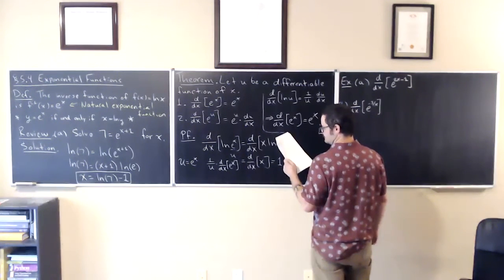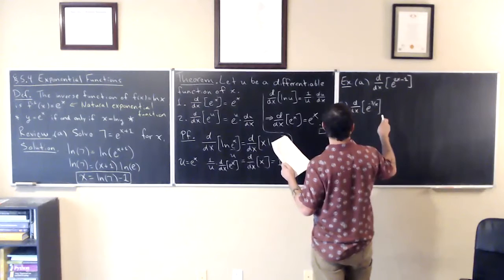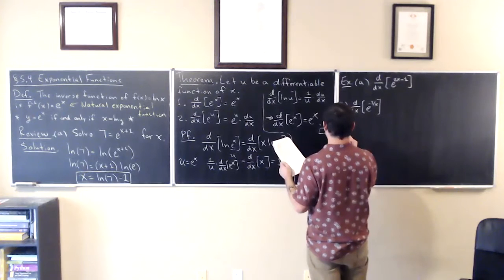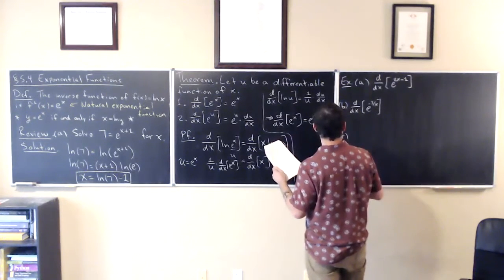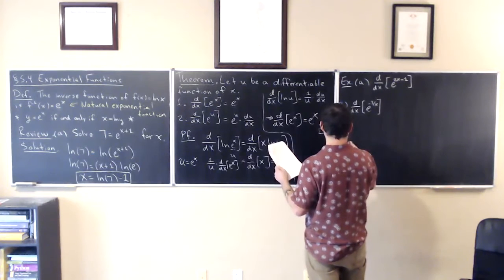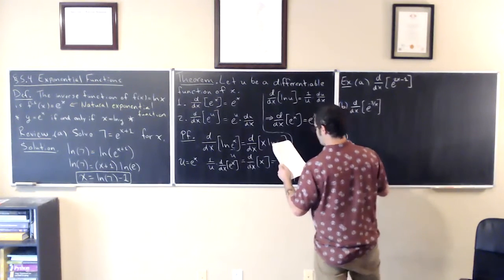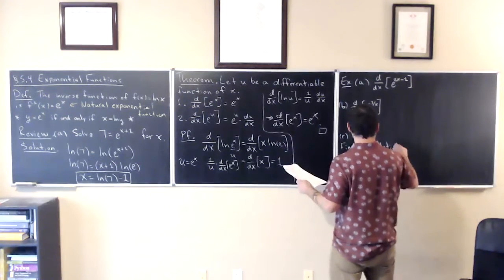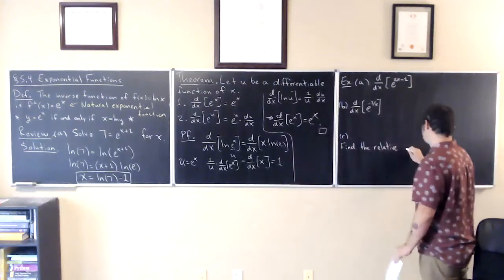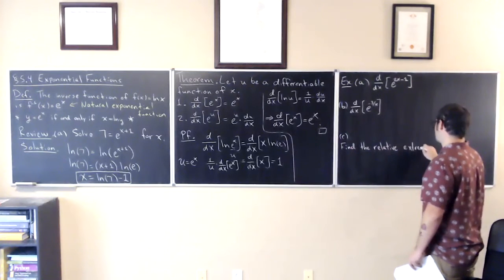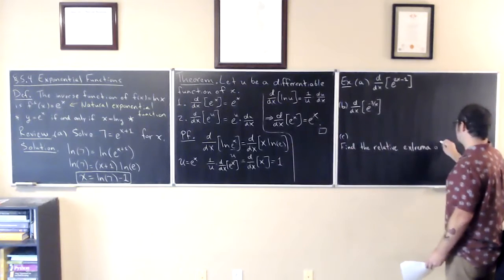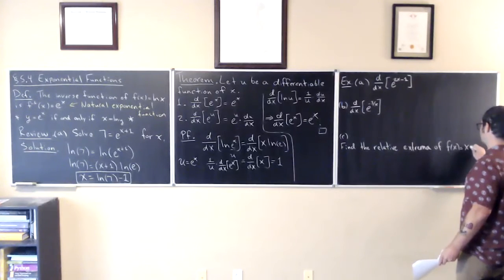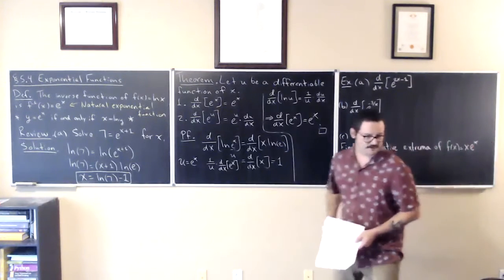I think I can fit it here. Let's look at C, and that will say find the relative extrema of f of x equals x times e to the power x.